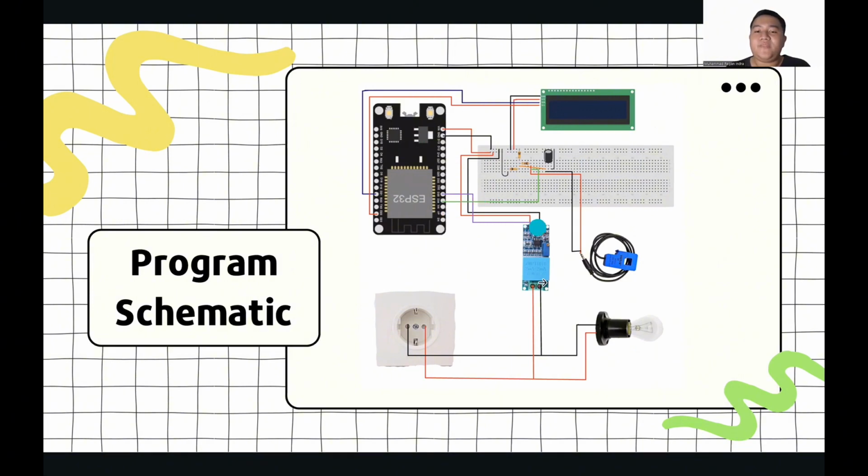The next step is to connect the ZMPT, which is D35, and also the current sensor to pin D34. Both of these pins are mainly used for the deep sleep mode, which I'll be explaining later.